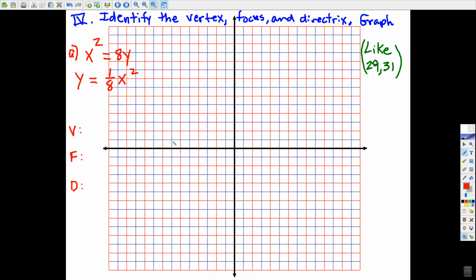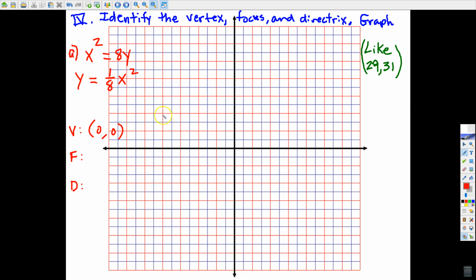Okay, now I'm ready to take off and answer all the different parts. I don't have any addition or subtraction in this function, so that always means the vertex has to be at the origin. We already learned how to find the focus and the directrix, so using your formula, it's probably pretty easy to tell what C is. What is C? C is 2.